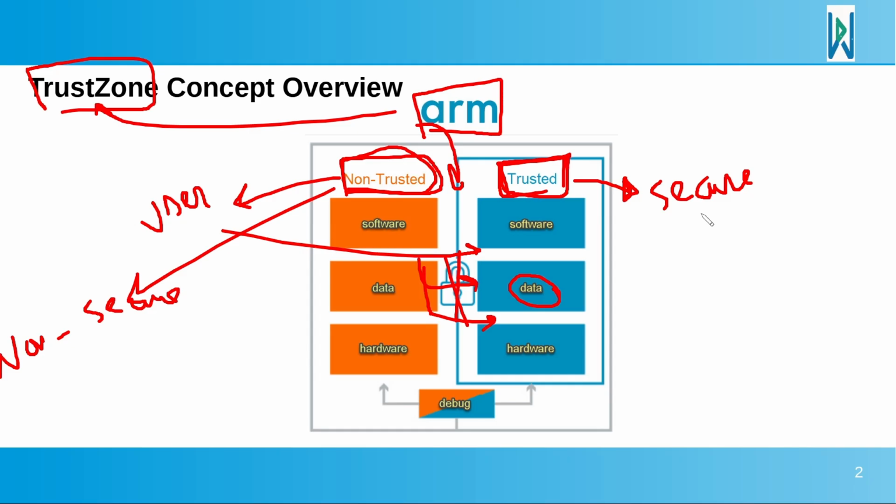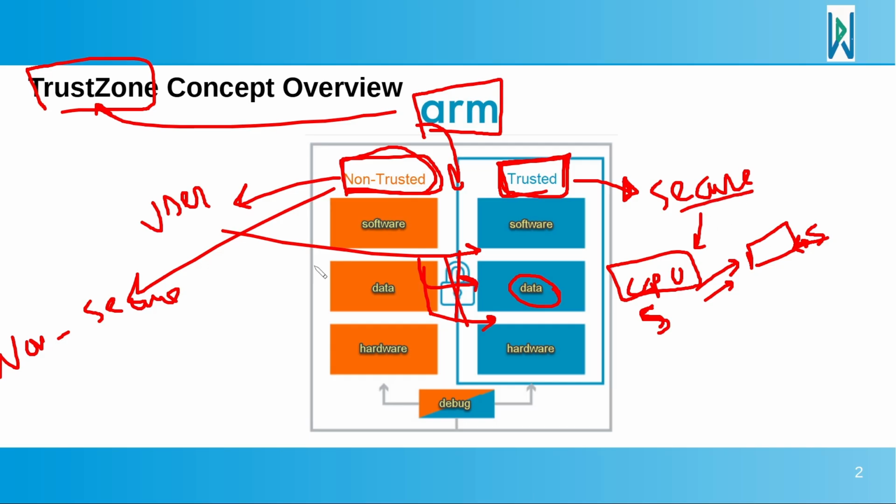Secure domain means the CPU should run in secure state, and the hardware resources that the CPU is trying to access are marked as secure. So we'll have a security state assigned to our CPU, as well as a security state attribute assigned to our hardware resources and address space.